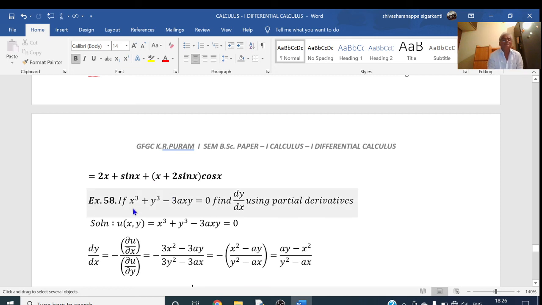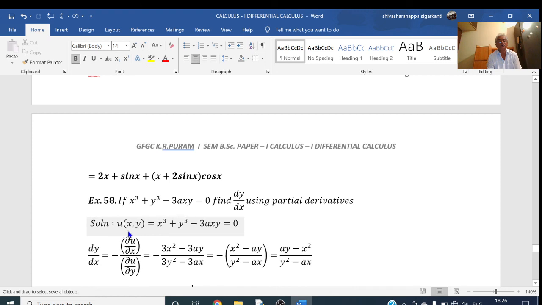Next example, if x cube plus y cube minus 3axy is equal to 0, find dy by dx using partial derivatives. So here we must use the partial derivatives because it is given. So u is a function of x and y. Then we have this formula dy by dx equal to minus of dou u by dou x divided by dou u by dou y.